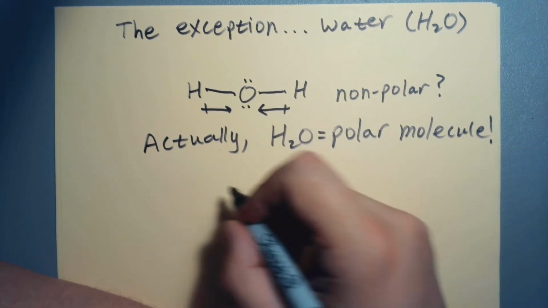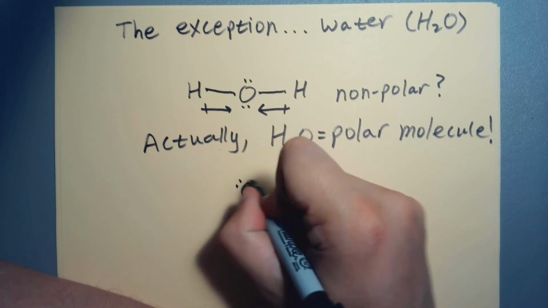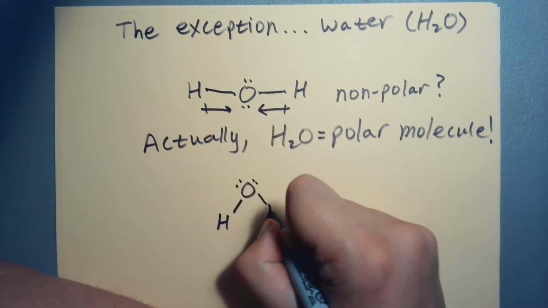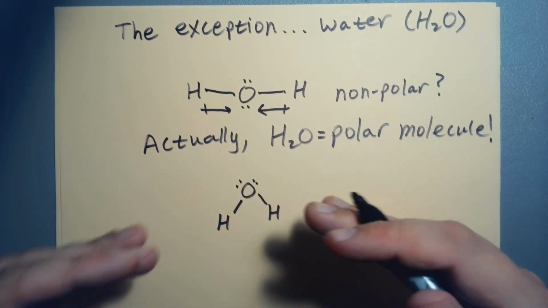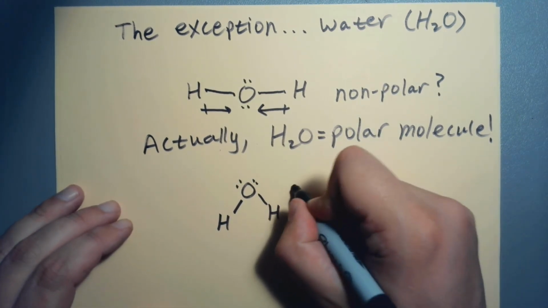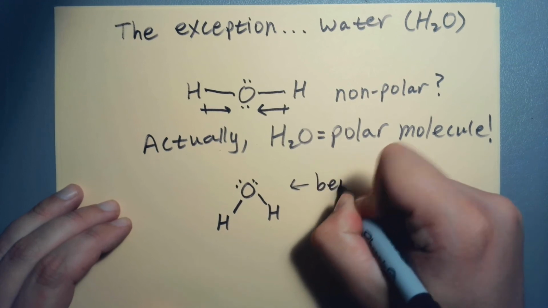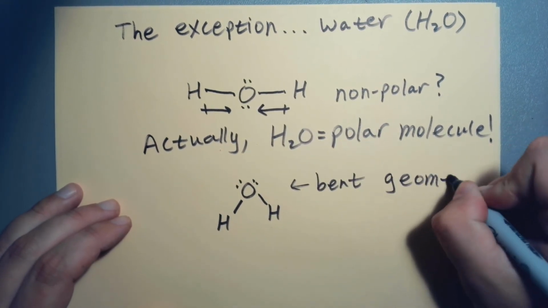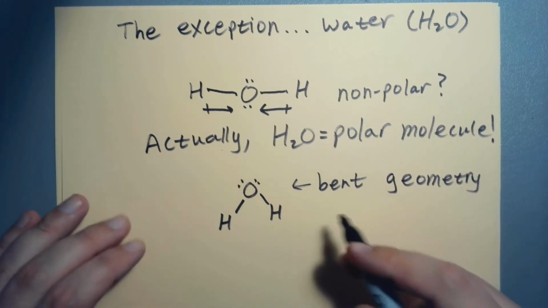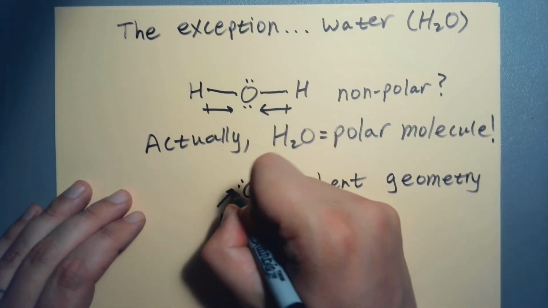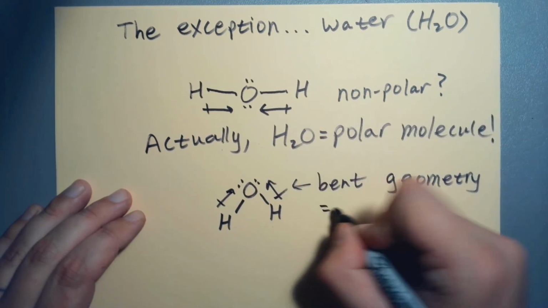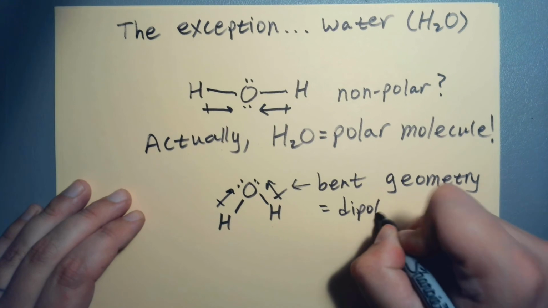Alright, so why is it a polar molecule? Well, these lone pairs on the oxygen cause it to have a bent geometry. So the hydrogens aren't straight across from each other. So the dipoles aren't directly opposite, so they don't cancel.